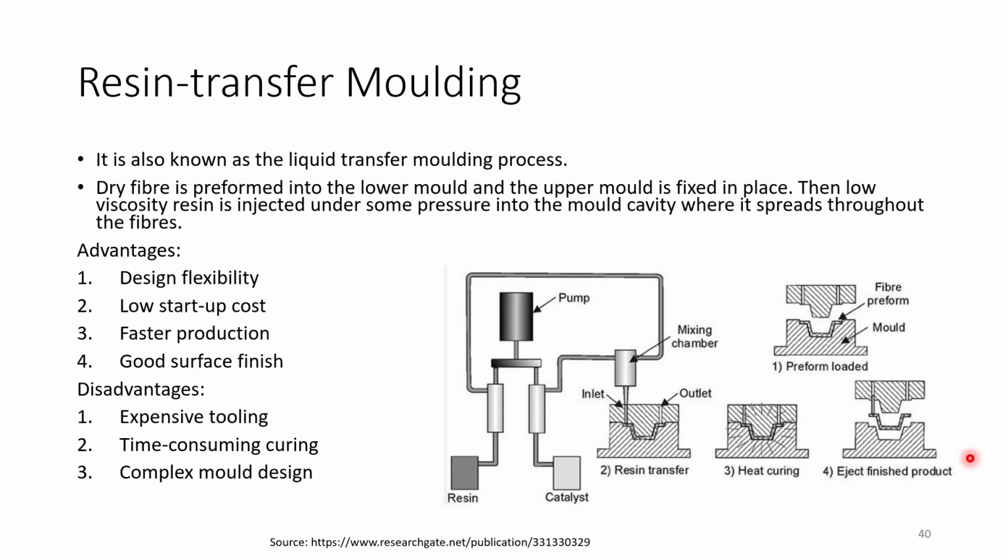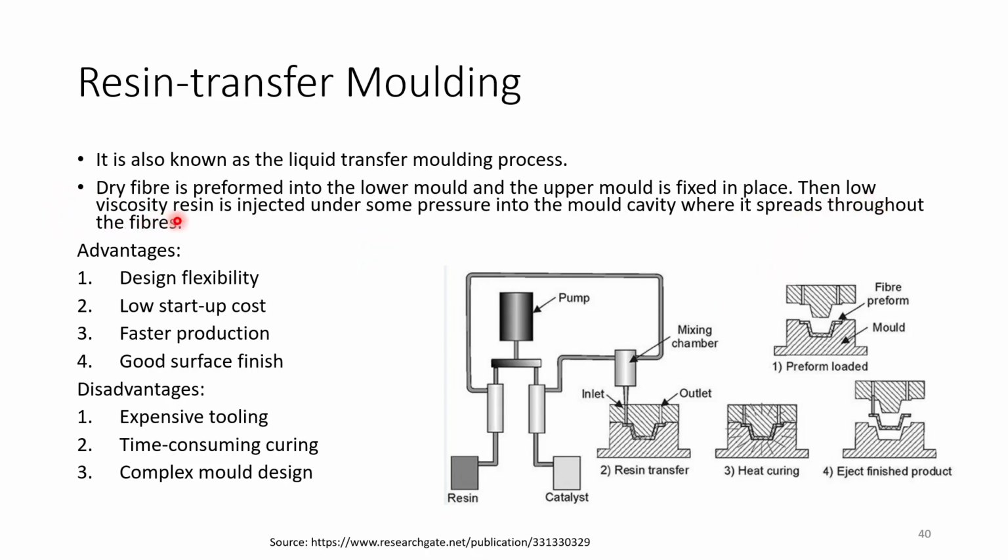Last technique, you have resin transfer molding. So in this case, it is also known as the liquid transfer molding process, and it has dry fiber. Dry fiber is preformed into the lower mold and the upper mold is fixed in the place.